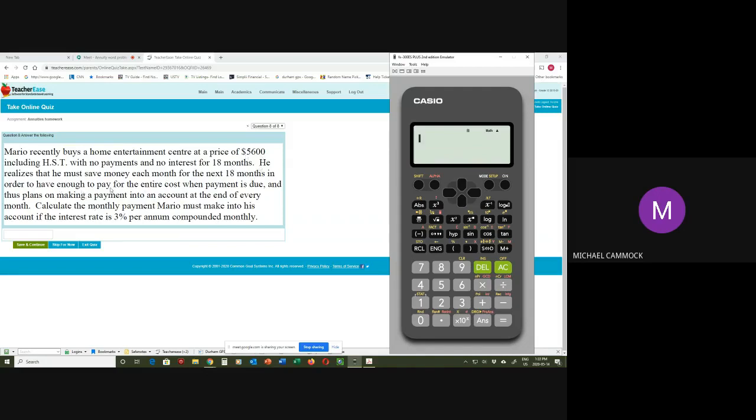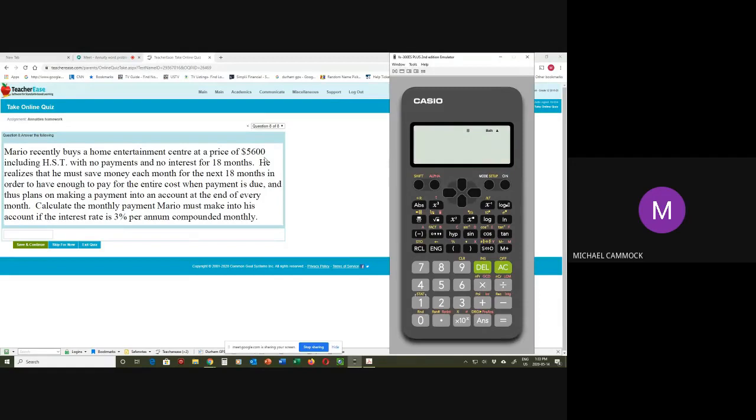So let's see if we can understand what we're doing and then come up with the various parts of the equation. By the way, it says calculate the monthly payment Mario must make into his account. The interest rate is 3% compounded monthly. So he wants to put in a certain amount of money into his account. And in 18 months, he wants to have $5,600.